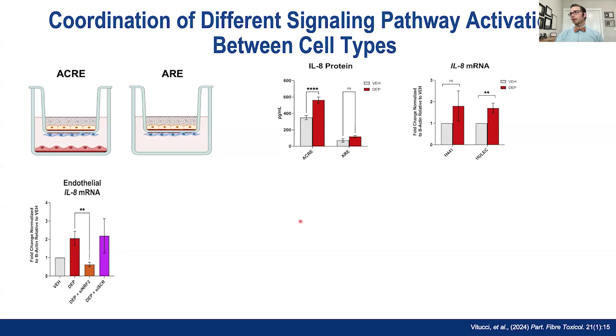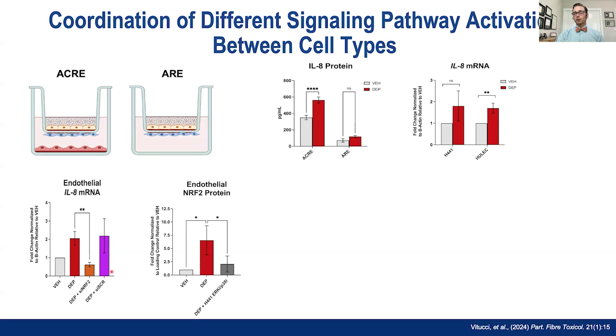And then if we really want to get mechanistic, which is of course relevant to integrating data into AOPs, we had done some blotting to see that NRF2 is activated in the endothelial cells, and MAP kinases, specifically ERK and P38, were activated in the epithelial cells. And so we've got an increase in IL-8 RNA, this is in the endothelial cells, for DEP, which we've seen before. If we specifically knock down NRF2 in the endothelial cells, we mitigate that effect. So that's telling us that endothelial NRF2 is required for this event.